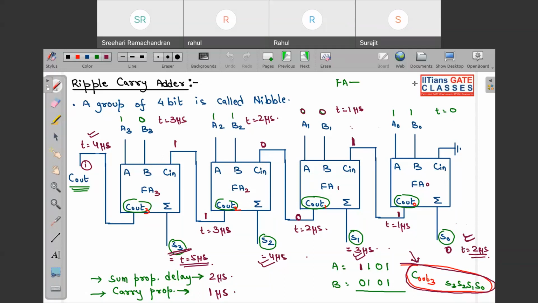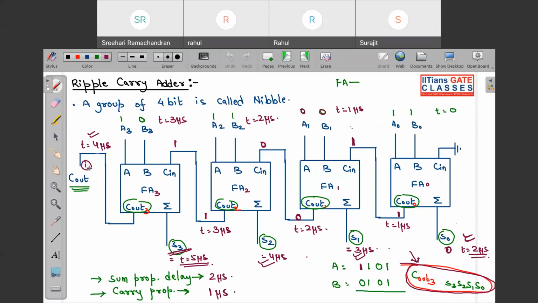If it is given C out is already 1 before performing this addition, then only S1 changes from 0 to 1, and the other bits have no change. So if it is given in the question that C out is already 1 for this configuration of A and B inputs, in this case, we may write the final propagation delay as 3 microseconds or 5 microseconds.